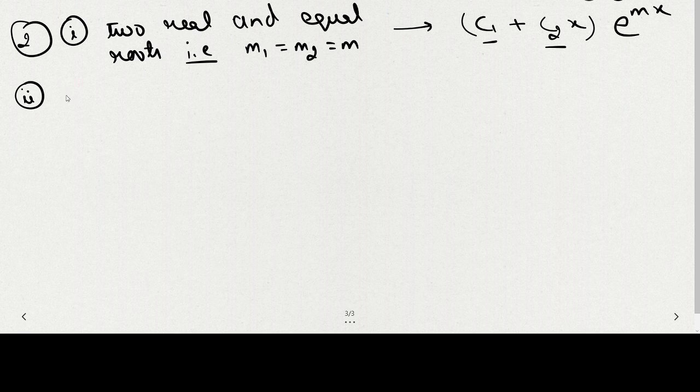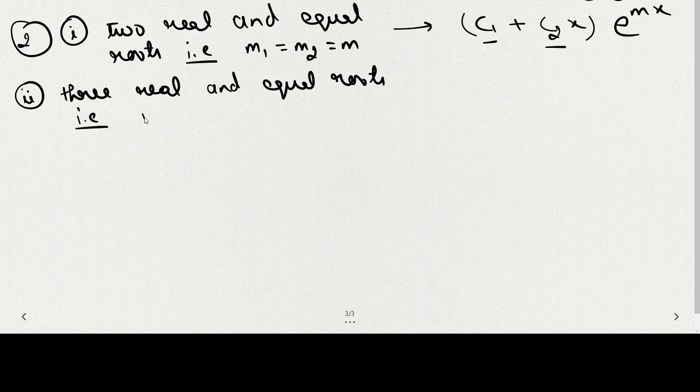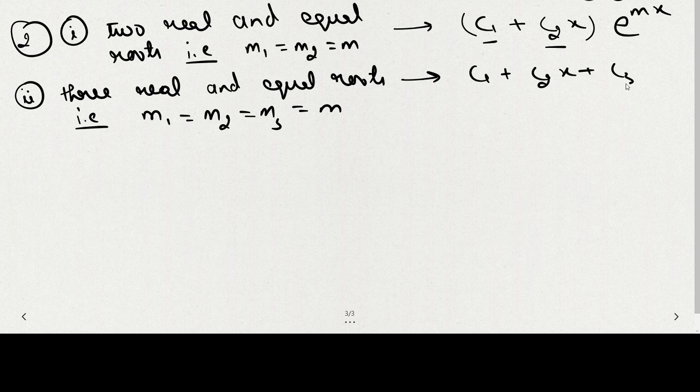Similarly, if you have three real and equal roots, m1 equal to m2 equal to m3 equal to m, then you write (c1 plus c2 x plus c3 x^2) multiplied by e^(mx).